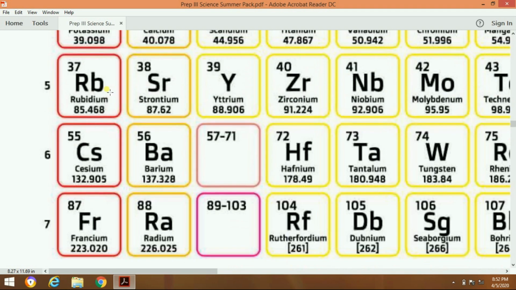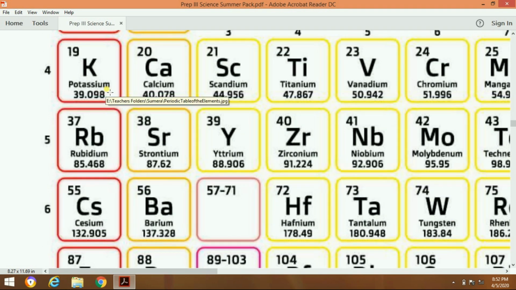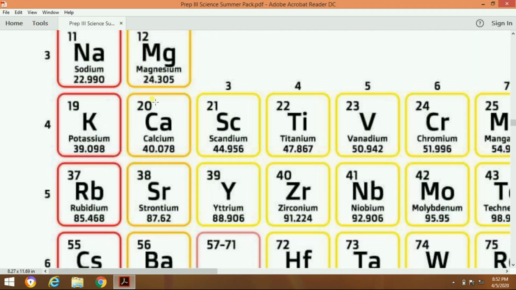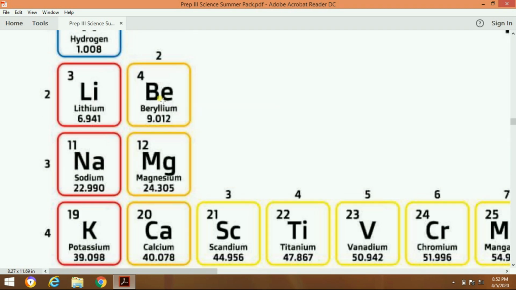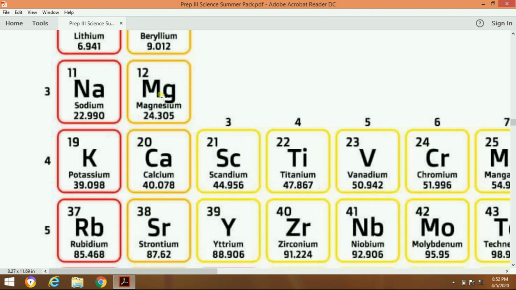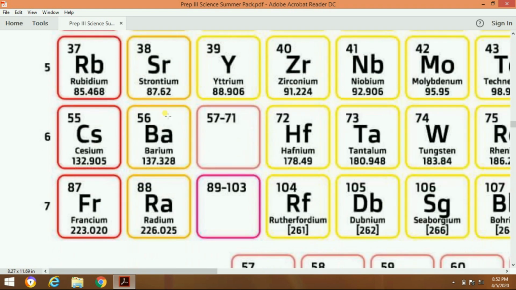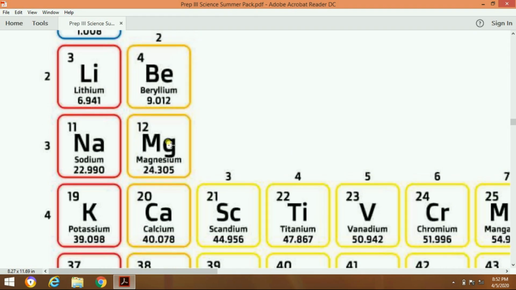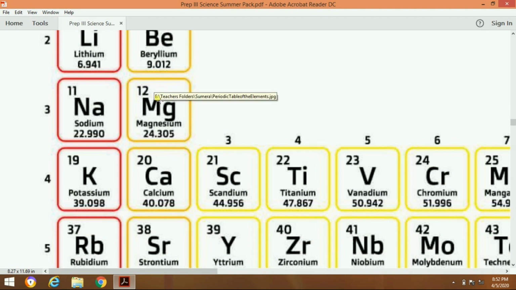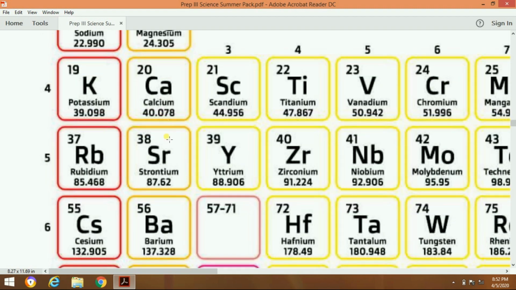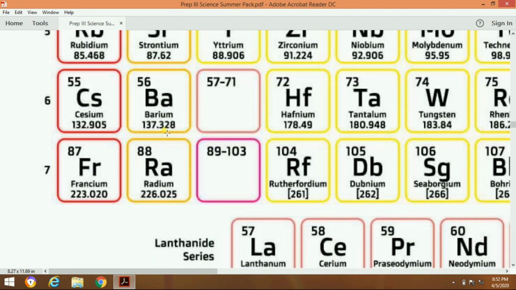What you have to do is learn these names by heart with their spellings and correct symbols. Now, the second group, also called alkaline earth metals, starts with beryllium, magnesium, calcium, strontium, barium, radium.